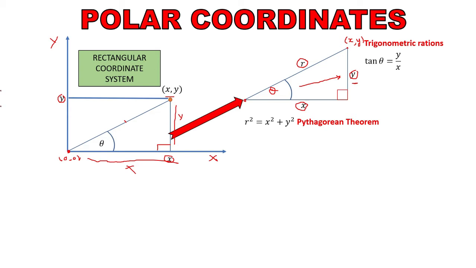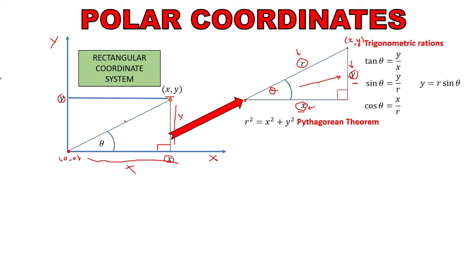This is the opposite side, and this is the adjacent side. The sine is the opposite side divided by the hypotenuse. This is the hypotenuse, and this is the opposite side. And the cosine is the adjacent side, x, divided by the hypotenuse.